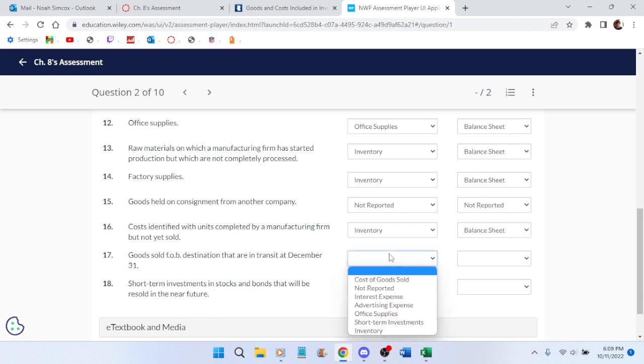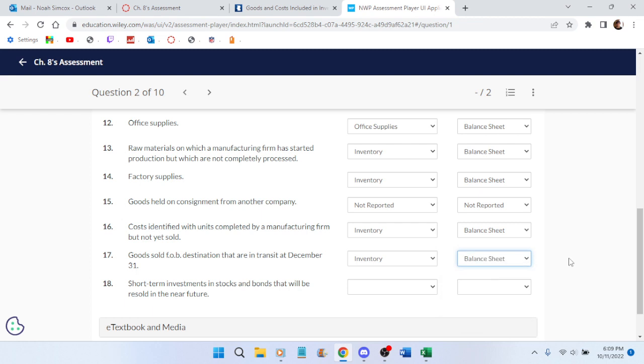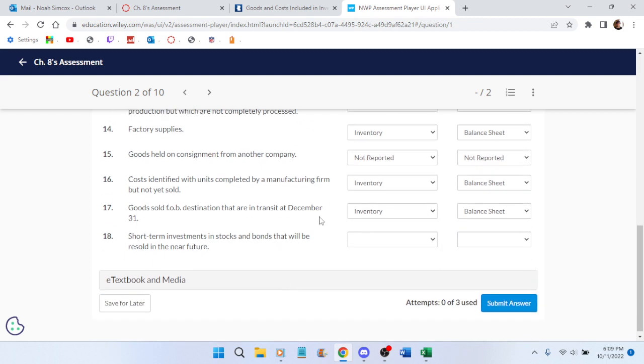So they technically have not yet been sold, so they still count as inventory. I mean, since they have not reached the destination, that means they're not sold yet. Short-term investments in stocks and bonds that will be resold in the near future. Obviously, that's just going to be short-term investments.